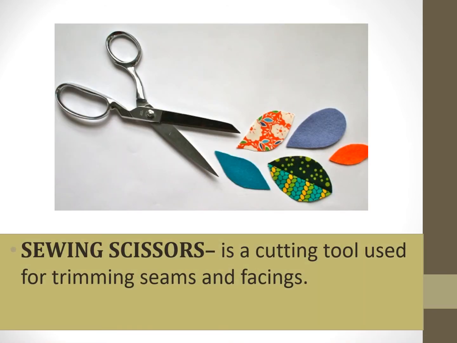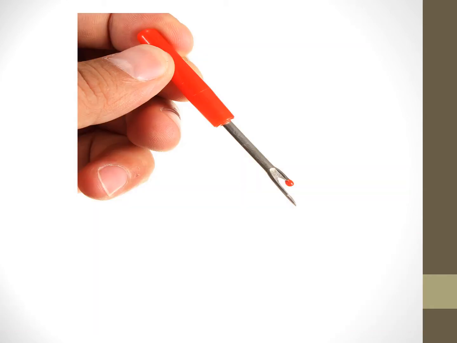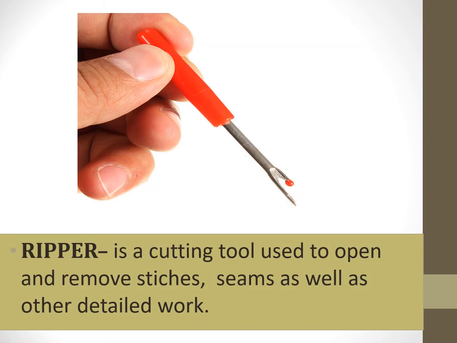Sewing scissors is a cutting tool used for trimming seams and facings. Ripper is a cutting tool used to open and remove stitches, seams, as well as other detailed work.